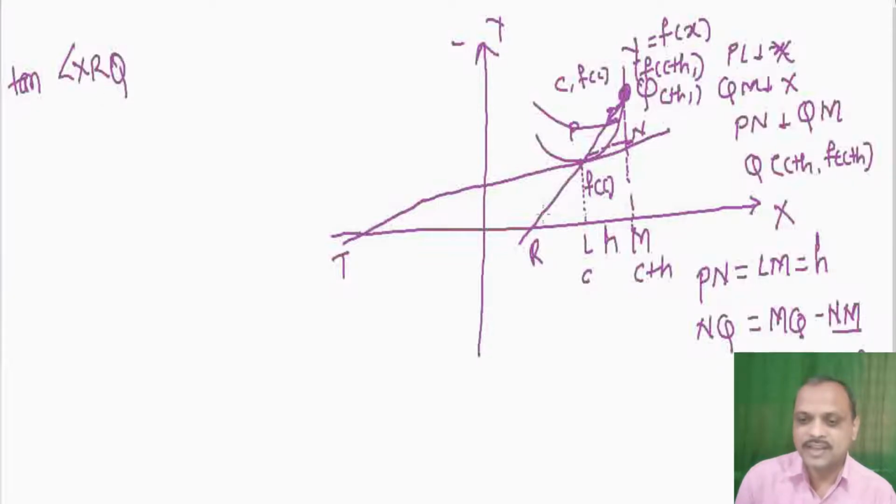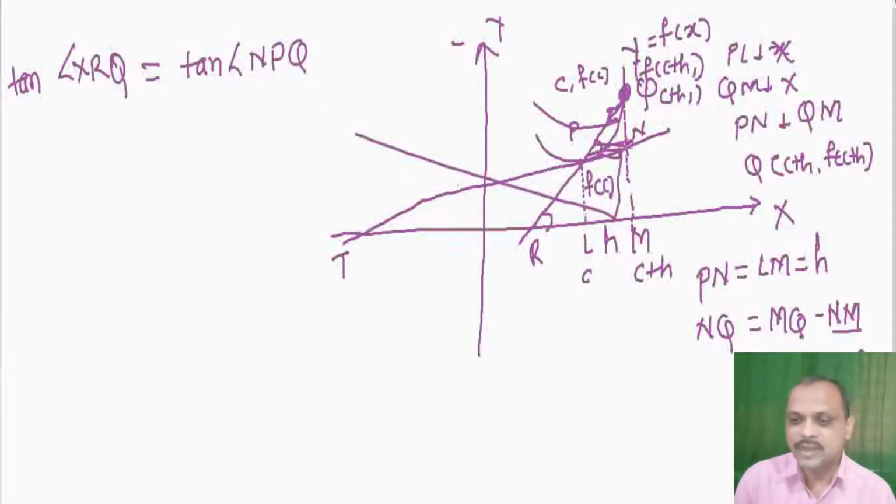This is the same as tan of angle NPQ, because this line is parallel to the x-axis. But tan of angle NPQ is nothing but QN divided by PN.